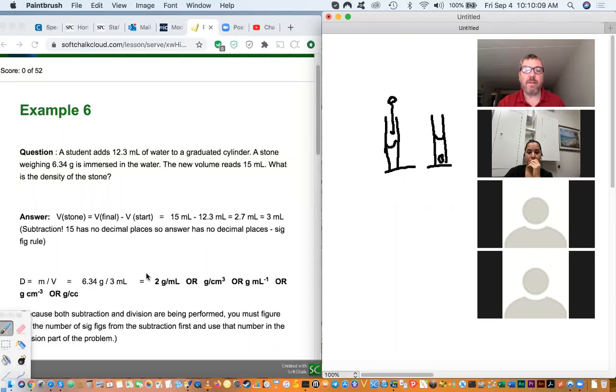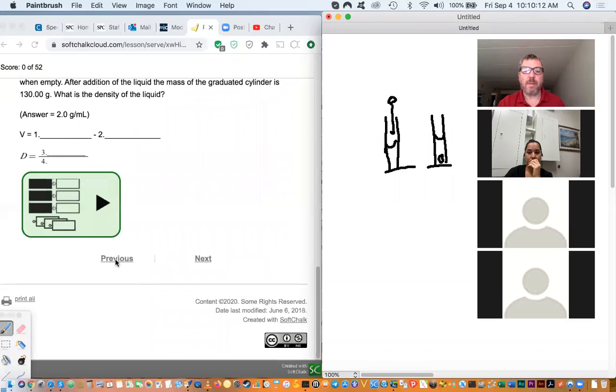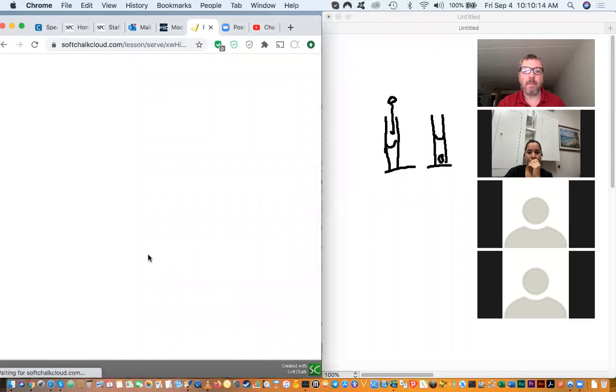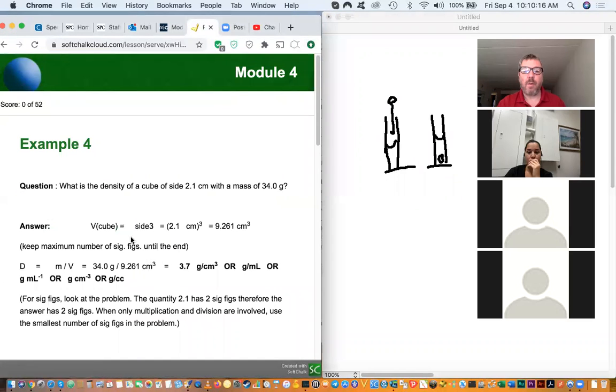As you can see, this is different to what we did in the previous problem, where we took all of these, multiplied them together, and we didn't handle the significant figures till the end. The difference here is that this was all straight multiplication division. There was no addition subtraction at all, so I had to handle it at the end to prevent double rounding.